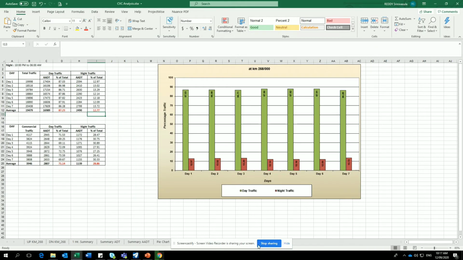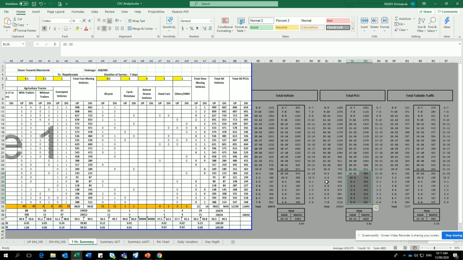Now the other part is the day night variation. How much is the night traffic and how much is the day traffic? Here we have divided the daytime traffic. Just see, for 1 hour summary, from morning 6 to night 10 is daytime traffic, and then from 10 to morning 6 is considered as nighttime traffic.